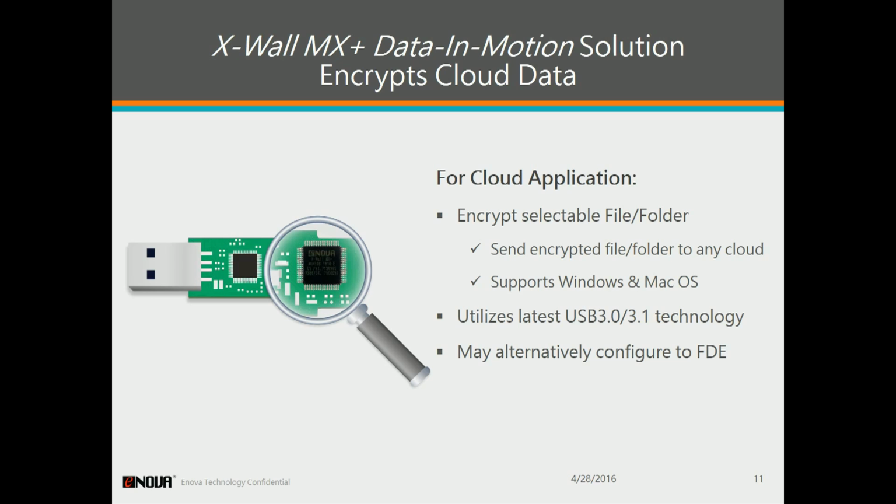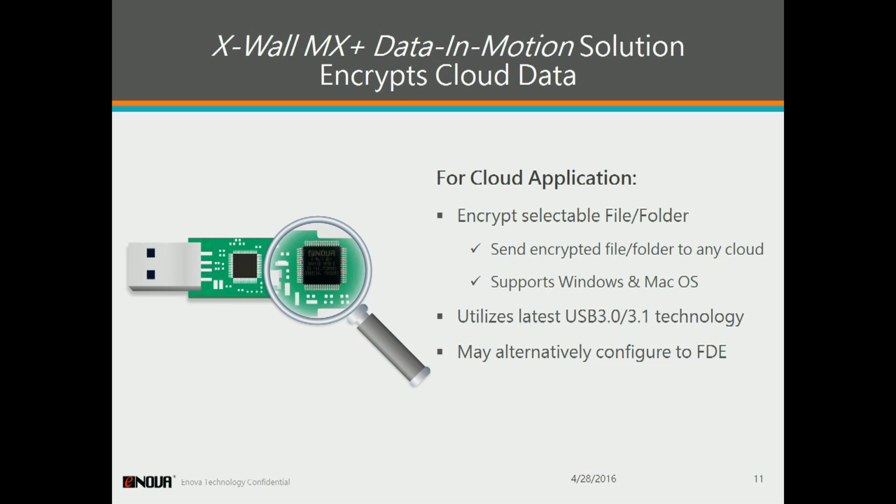And MX+ was designed originally to secure data at rest, meaning data sitting on the drive. That's called data at rest. But MX+ has now advanced itself to encrypt data in motion, so that we'll be able to utilize the latest USB 3.0 and 3.1 technologies, and we'll be able to provide application software based on Windows or Macintosh operating systems.